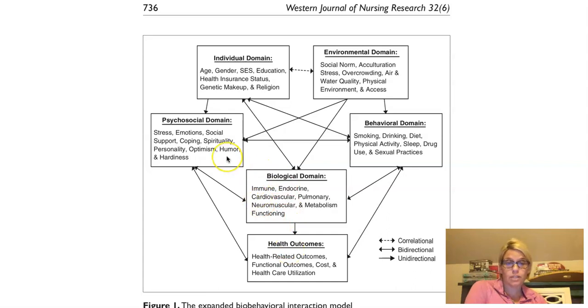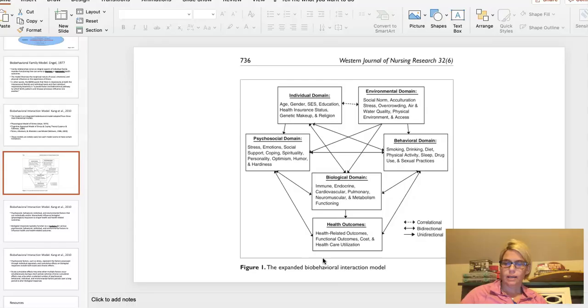Then maybe over time, as I built more and more evidence, I could include an individual domain or an environmental domain or something. That's really just my experience with this one model from psychoneuroimmunology. I just wanted to show how you can go outside of nursing, find another model, and make it work for what you want to do.